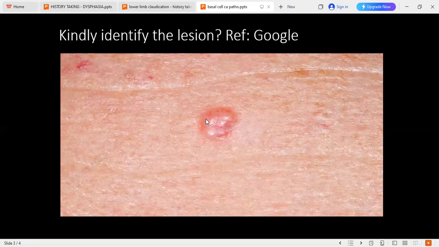Yes, of course, the margin and the depth, because this is invasion. Yes, now you're coming to it. And palisading, ulceration, and of course, distant metastasis.